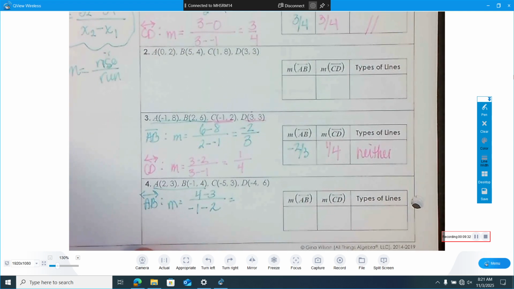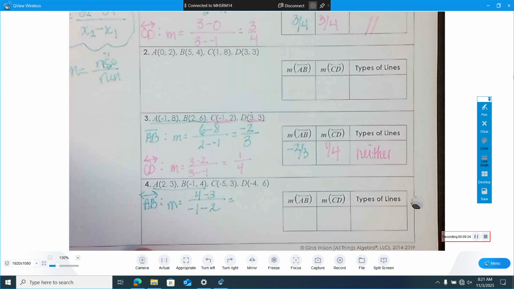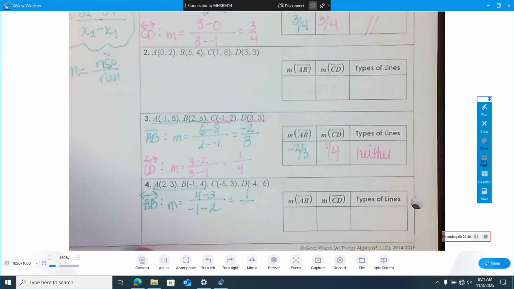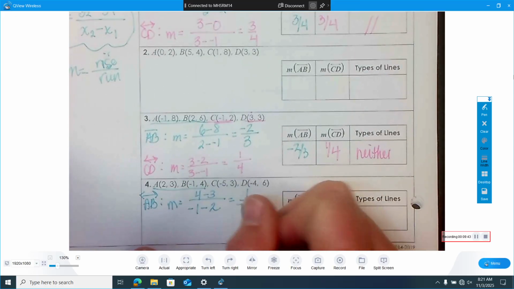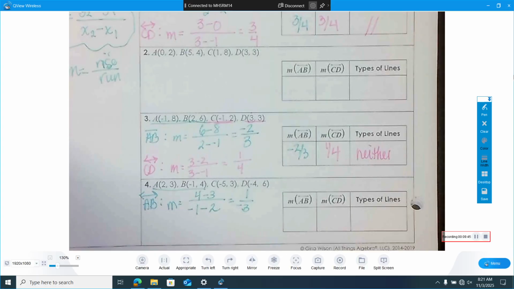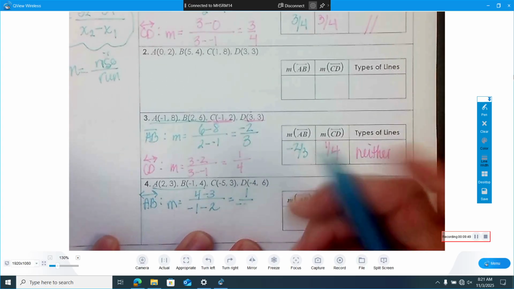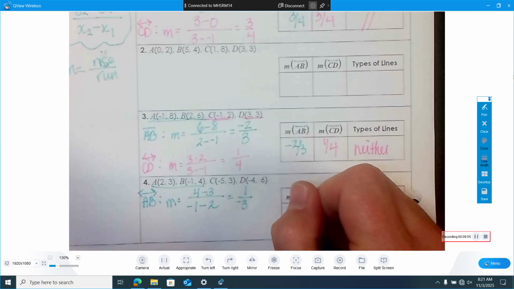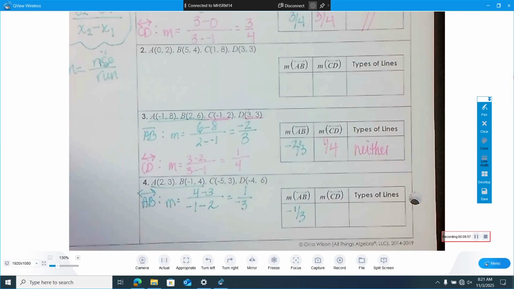What do I get? 4 minus 3 is 1. Negative 1 over... oh, negative 1/3. Yep, negative 1/3. Good. We're here in negative land, and we've moved left 2 units, so we're still at negative 3. All right, so the slope is negative 1/3.